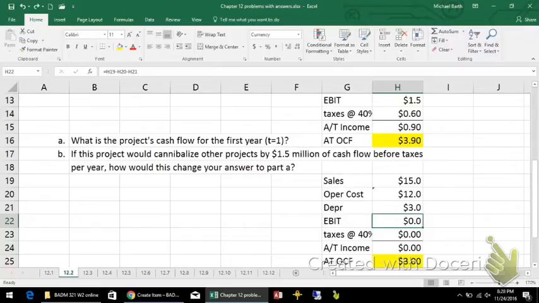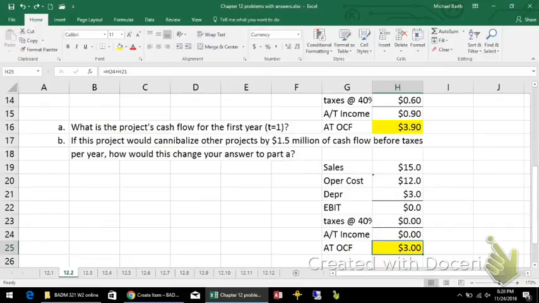All right, 0 EBIT times 40% for taxes. Taxes are 0, so the after-tax income would be EBIT minus 40% of EBIT, still gives me 0. The after-tax operating cash flow is now $3 million, which would be the after-tax income, and then add back the $3 million of depreciation.